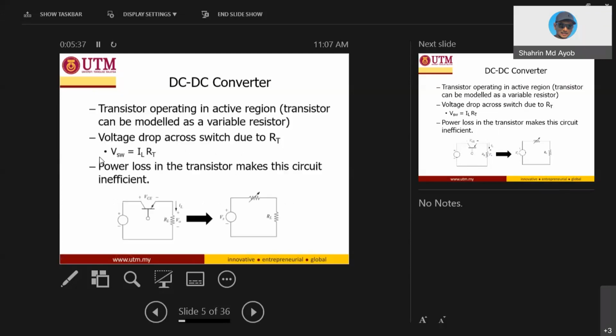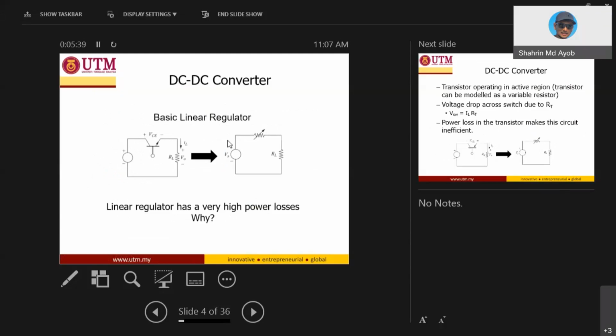For example, your input is 100 volts, but your load requires only 5 volts. So how can you convert from 100 volts to 5 volts? For the basic linear regulator, what it does is use transistors.